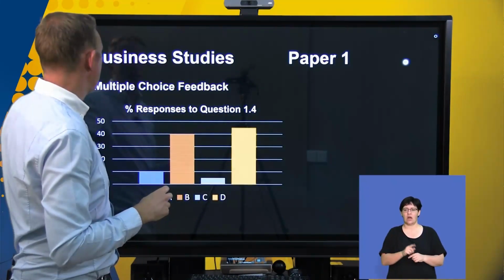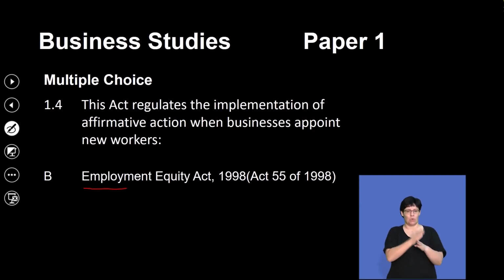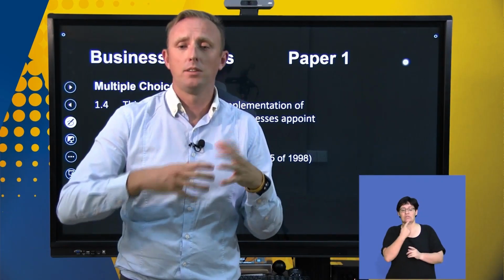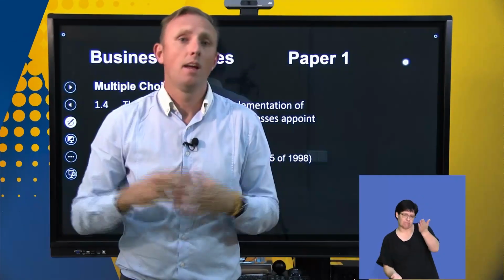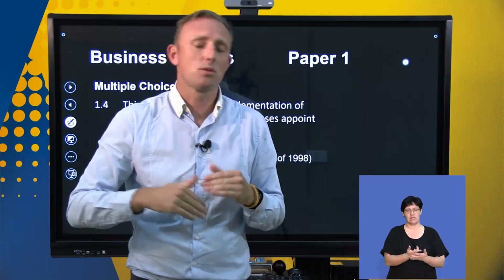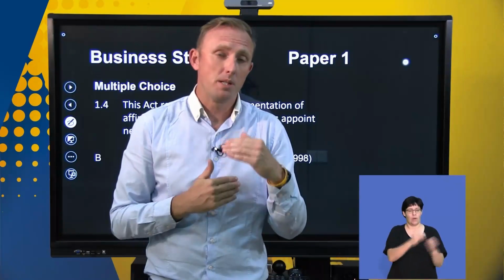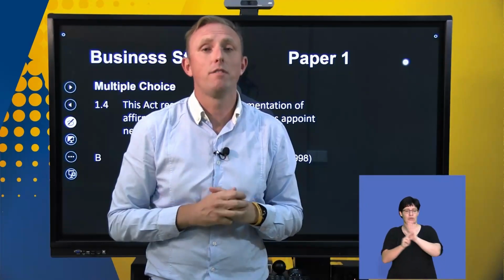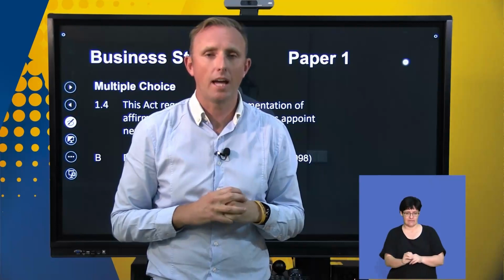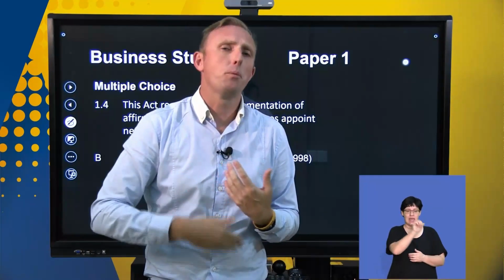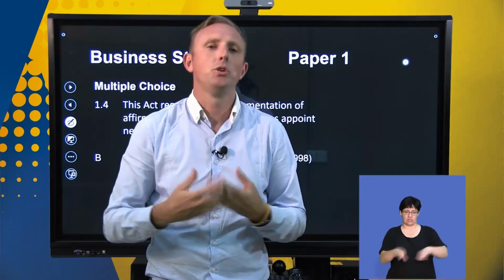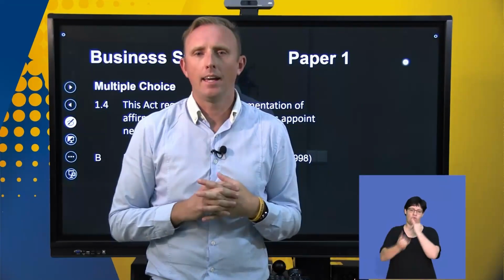So the answer that we were actually looking for was the Employment Equity Act. Remember that there are provisions in that act that have to deal with redressing past imbalances. The Employment Equity Act is all about making sure that the business is representative of the demographics of the country. And if need be, they can use affirmative action to redress any imbalances there.